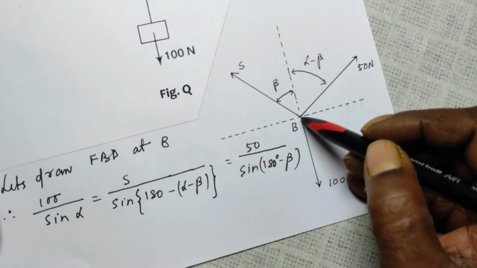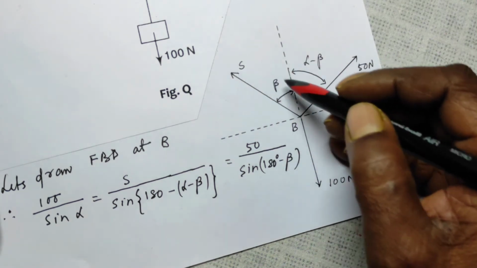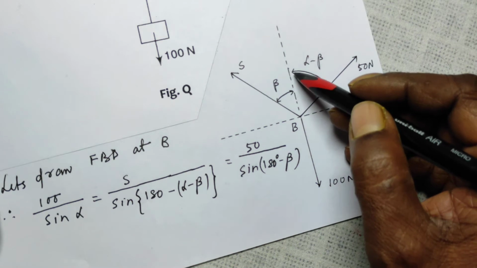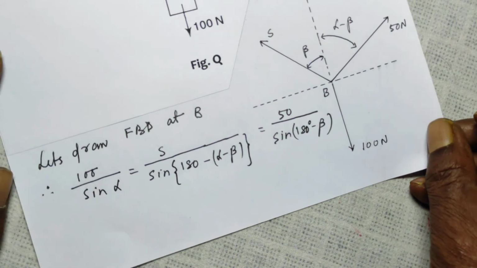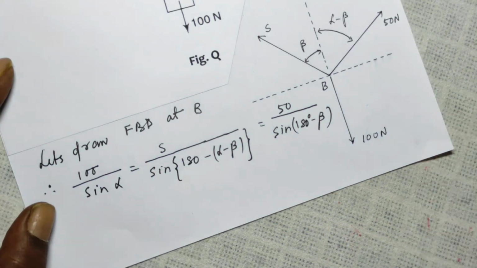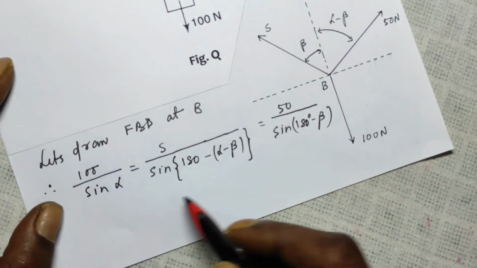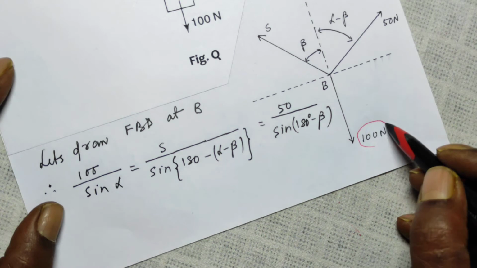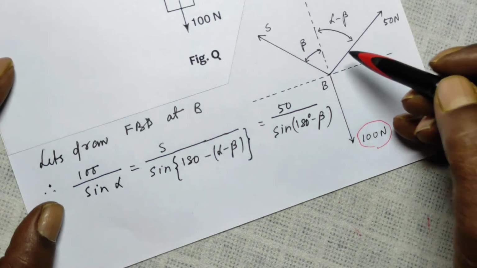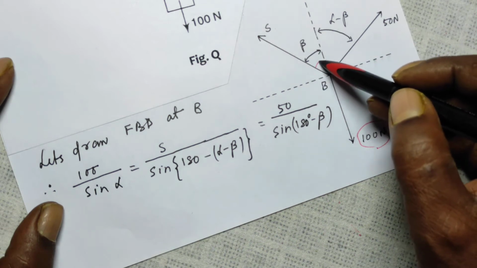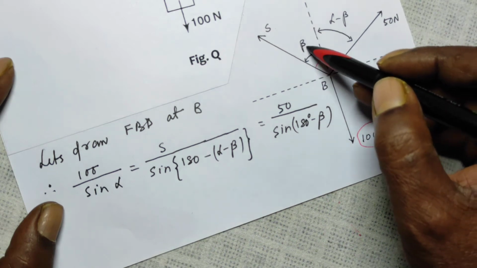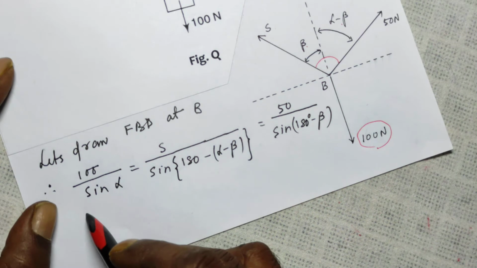To this side is 50 Newton. This is the tension force. This I explained, this is beta. We are left with alpha minus beta. This is 100 Newton. Since it is in equilibrium, I can apply Lami's theorem. So 100 over sine of the angle between S and 50 Newton, that is this whole angle, sine alpha.